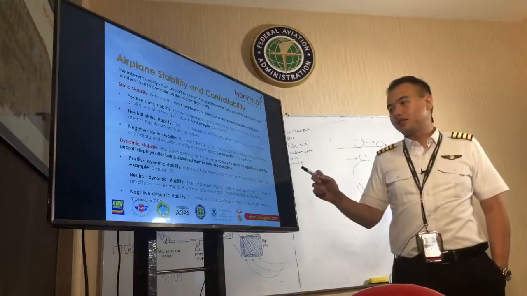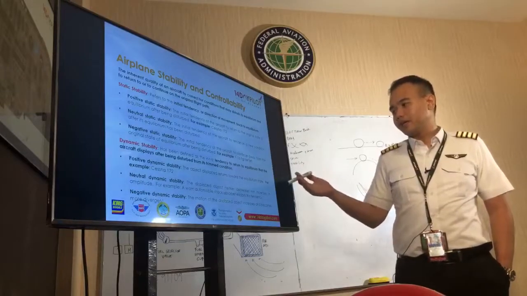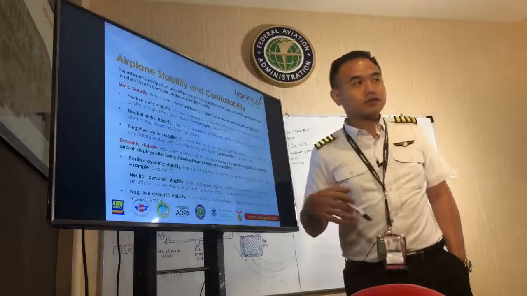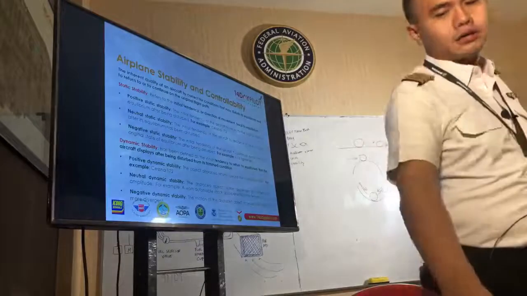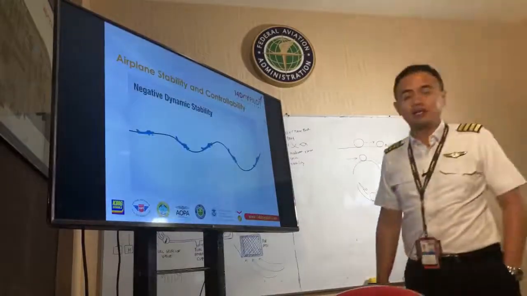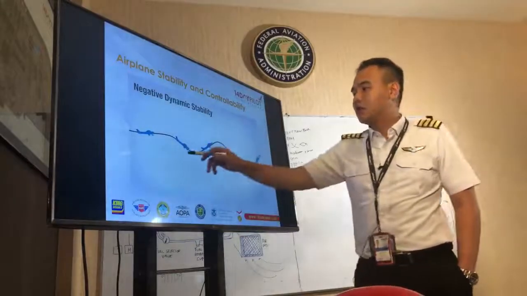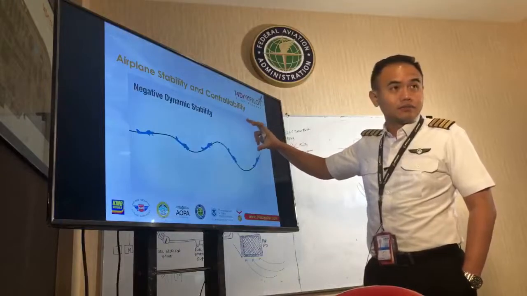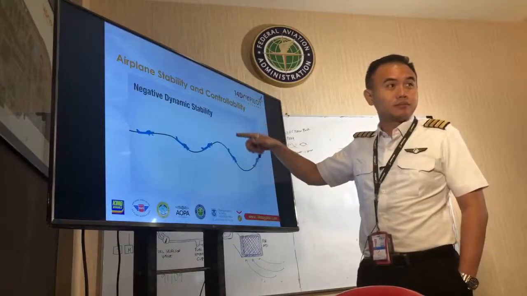The neutral dynamic stability: the displaced object neither decreases nor increases in amplitude. And the negative dynamic stability: the oscillation gets higher. So let's see the picture. This is negative dynamic stability. I hate this. The more it's oscillating, the wider the amplitude.